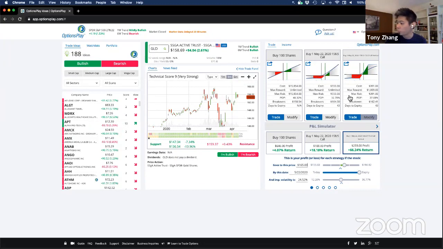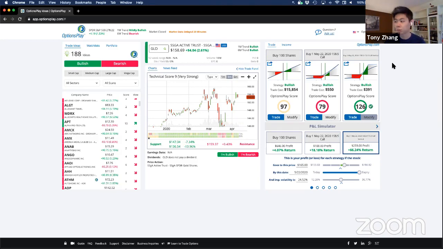But notice how big of a difference in terms of return there is. 18% return on the call option, 66% return on the call spread. Because I've been able to reduce the risk on my trade by a substantial margin, it increases my return by a substantial margin. And this is really why, in my opinion, it's one of the best strategies to utilize when you have a directional view, especially when you can reduce the cost of your trade, in this particular case, by almost 33%.